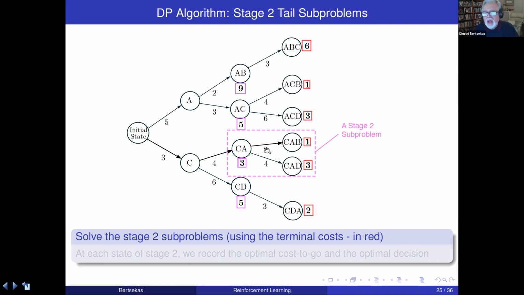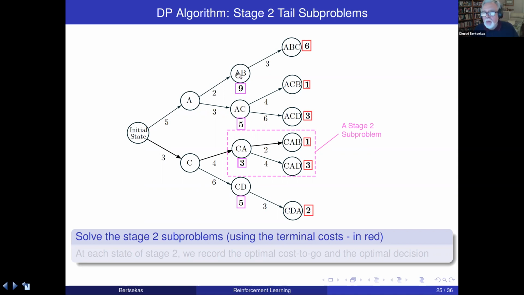So this gives us a 3, 2 plus 1. This gives us a 7, 4 plus 3. And we choose the minimum of the two, which corresponds to this arc, and we write the number, this purple number here. That is a single data point written down by the dynamic programming algorithm.